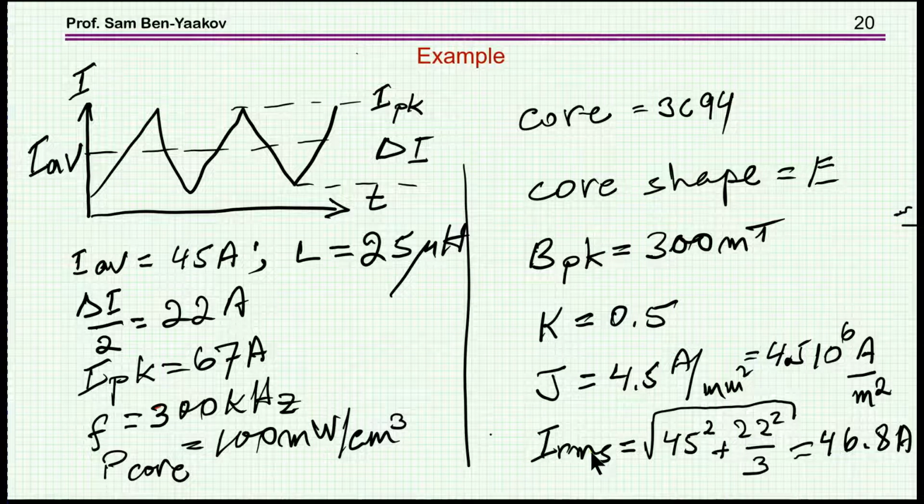Now I RMS can be found from the average, which is 45, plus this 22, which is delta I over 2, divided by 3, which gives us 46.8 amp. This is the RMS.